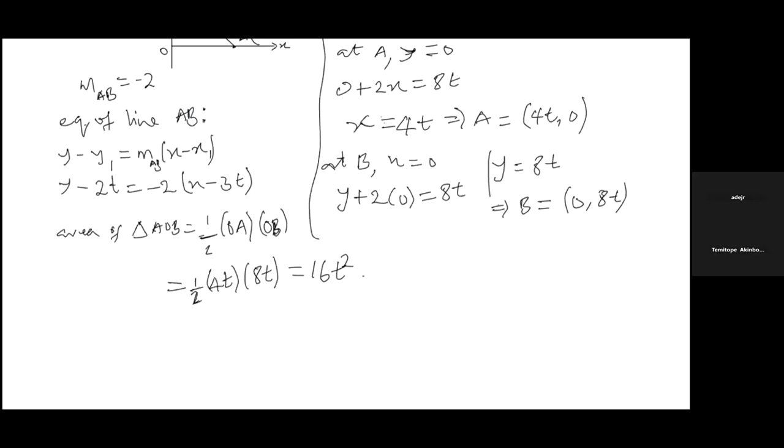Will equal 1.5 80 or 40? Is that 40? 40.